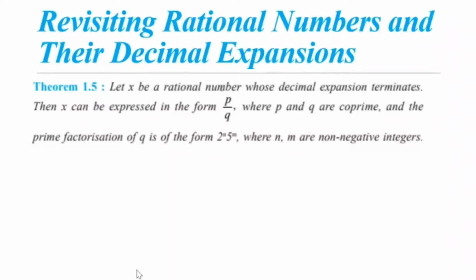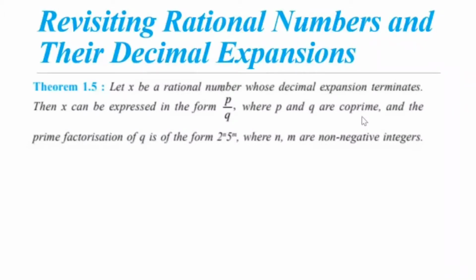So if in case I have a number that can be expressed in the form of p upon q, such that p and q are co-prime, very important. They have to be co-prime. The first step is, while checking the numbers, I'll have to ensure that the numbers are in the co-prime form. There should be nothing in common between them.